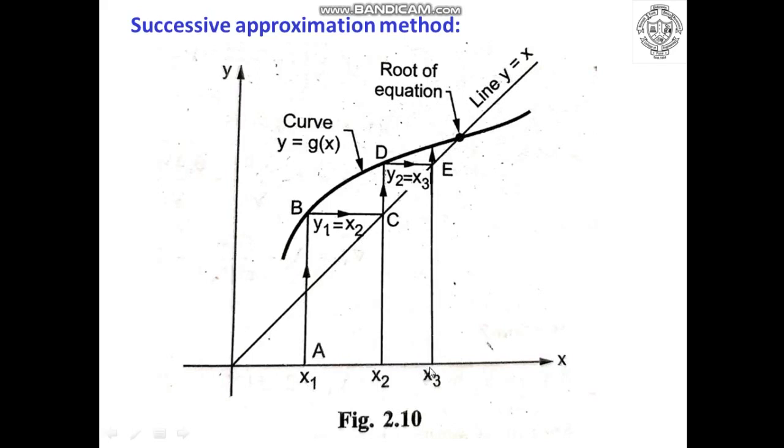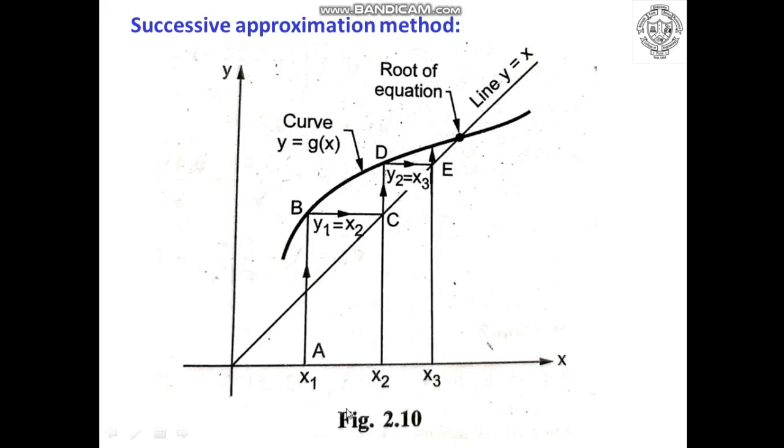Now when I know the value of x3, I can find out the respective function g of x3, that is nothing but y3, and again I will draw a straight line inclined at 90 degrees at this particular point. After repeating this procedure you will again get the value of x4 somewhere here, which is very near to the exact root. So this is how the successive approximation method converges towards the exact root.